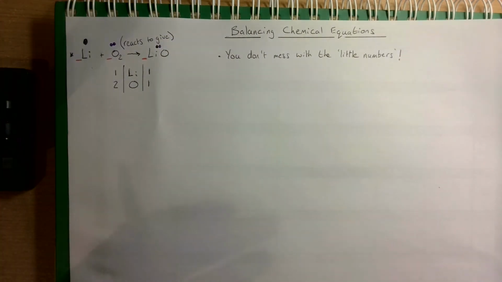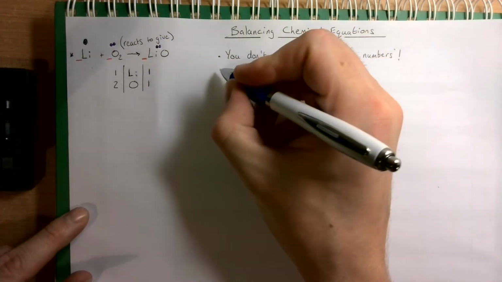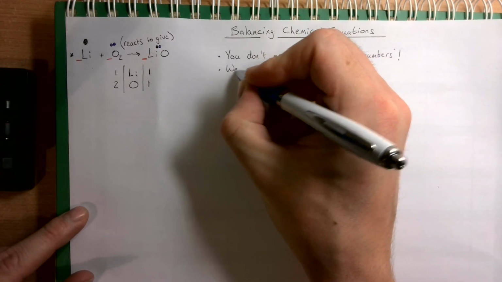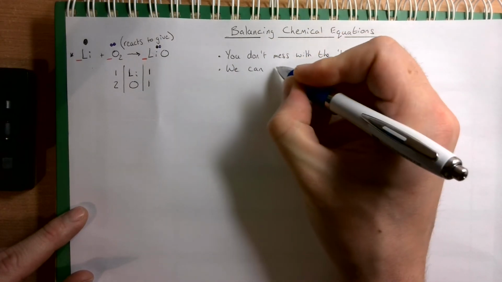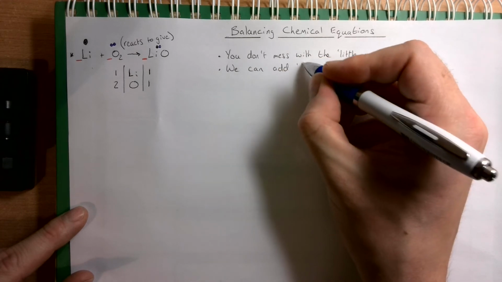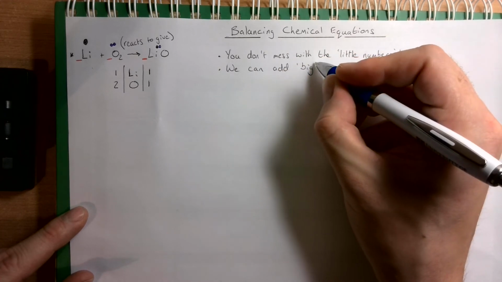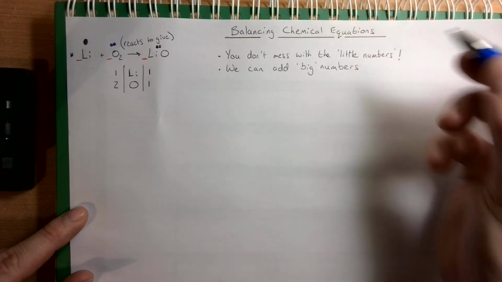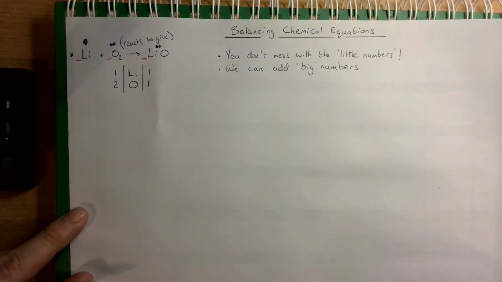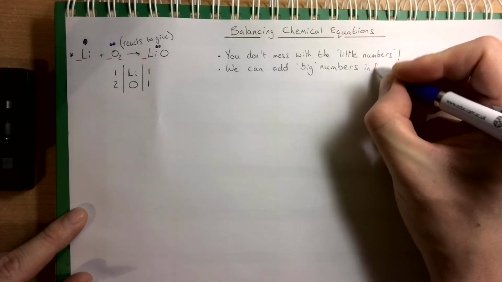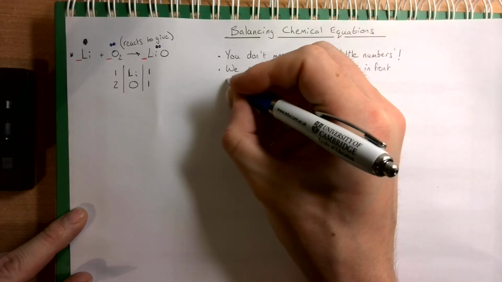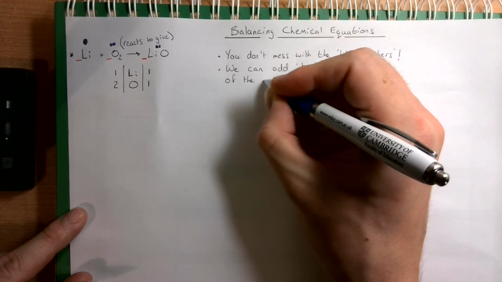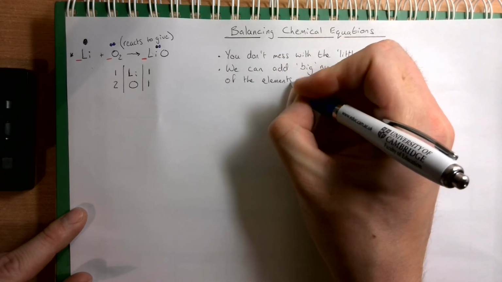Okay, so we don't mess with the little numbers, but we can add big numbers, and by big I just mean that they will be the same size as the capital letter of the element. We can add big numbers in front of the elements and compounds.